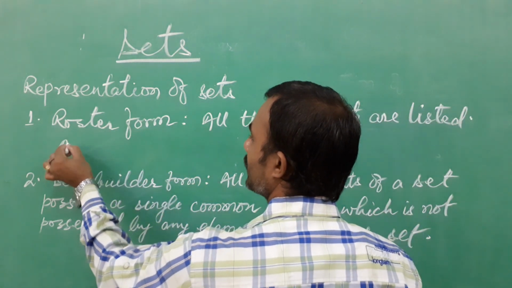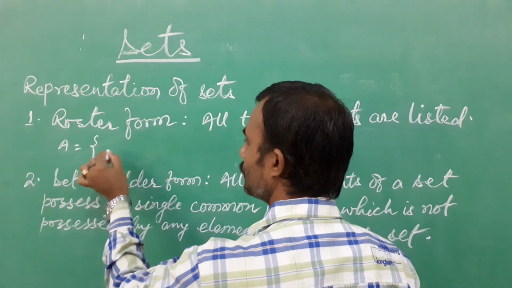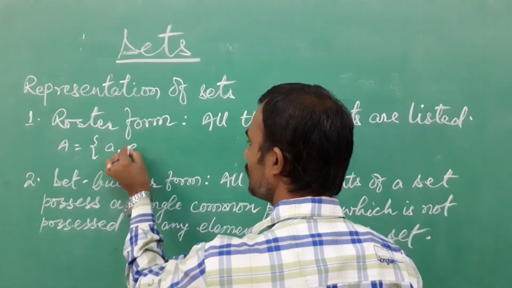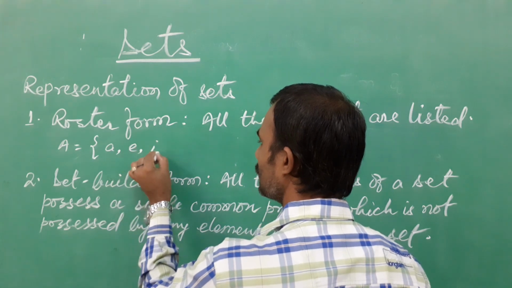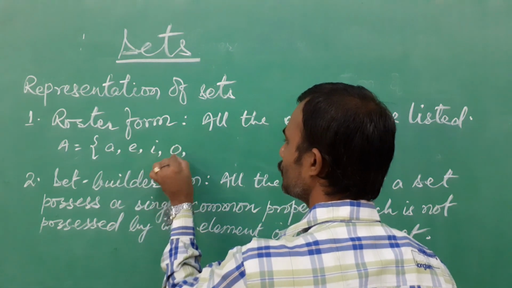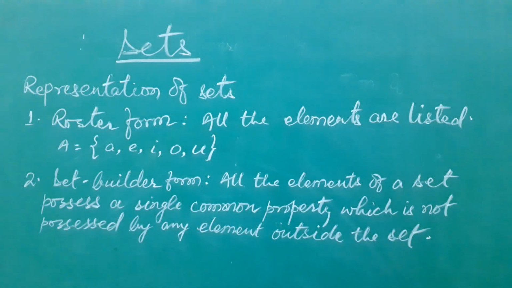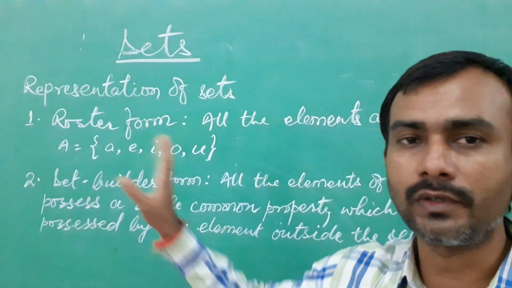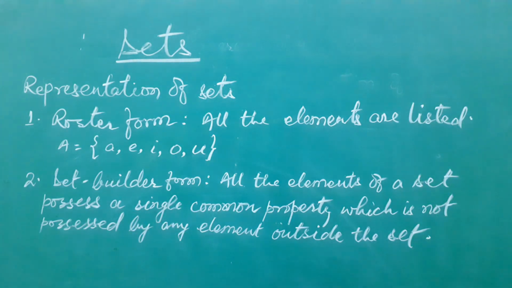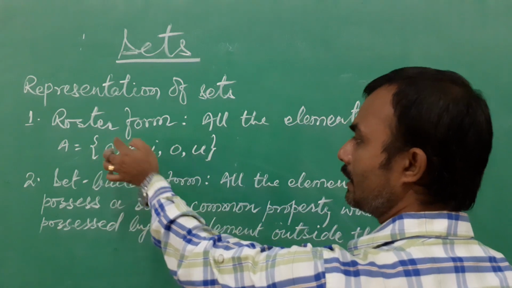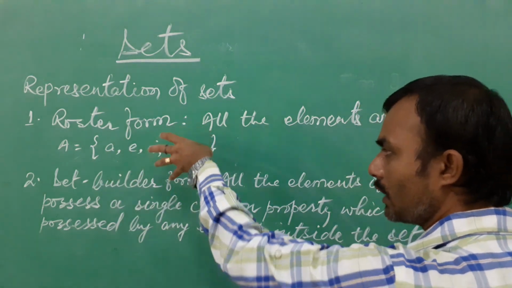For example, if we are writing A equals to the set A, E, I, O, U, as these are the vowels in the English alphabet. Here all the elements are listed: A, E, I, O, U, all are here.